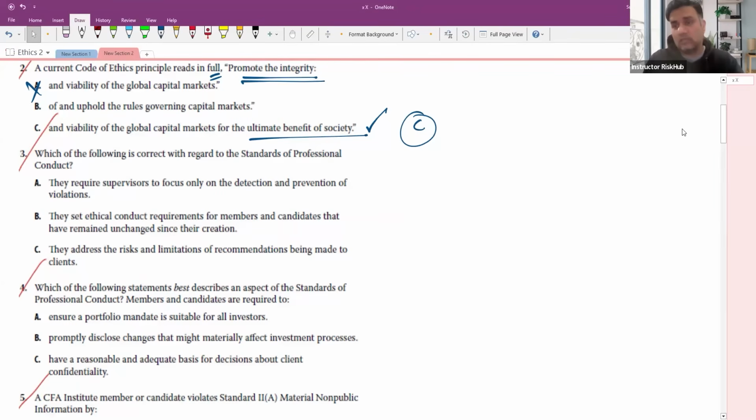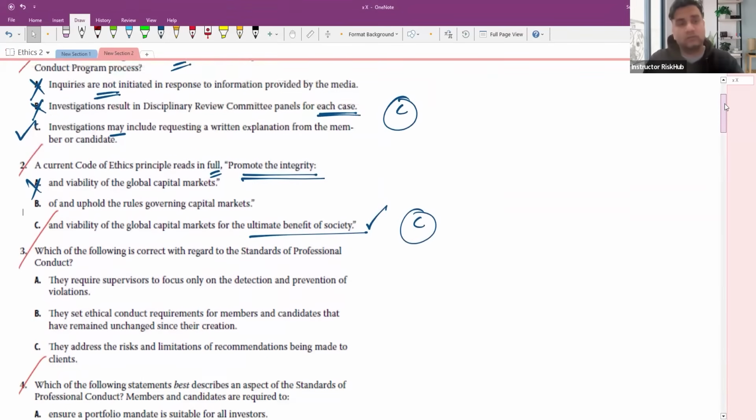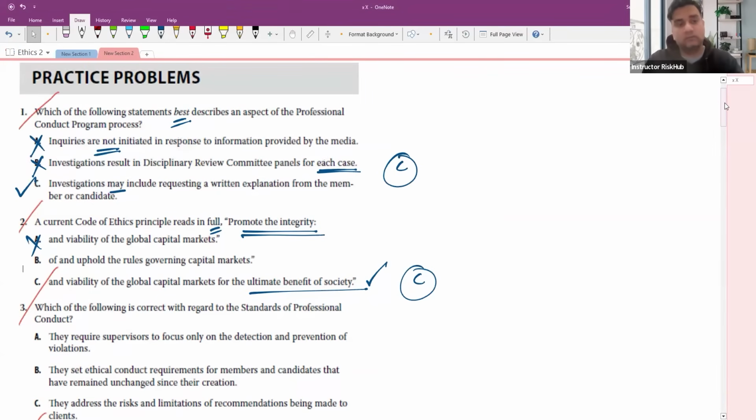And a similar thing I'd like to highlight in the previous question also, that if you look at the previous question, right? Option C is correct because once an inquiry starts, professional conduct staff may request a written explanation. This is explicitly stated in your learning objective, right? A written explanation is often the first step before interviews or document collection.